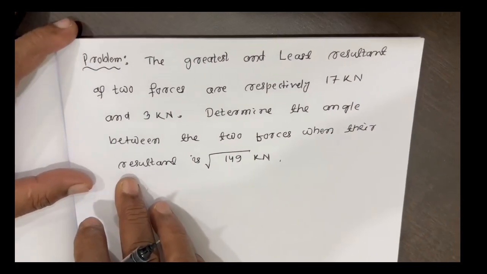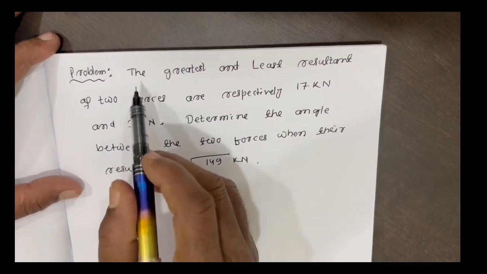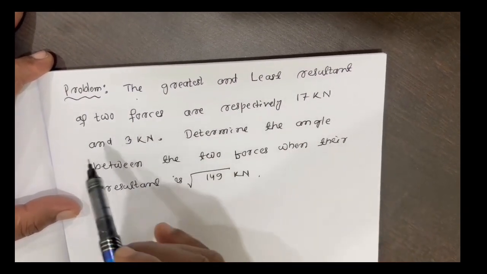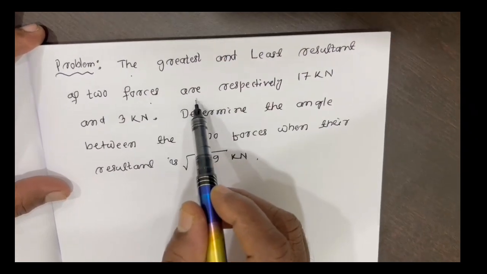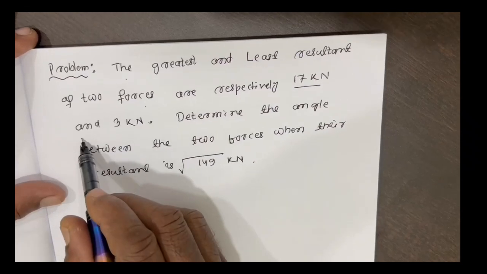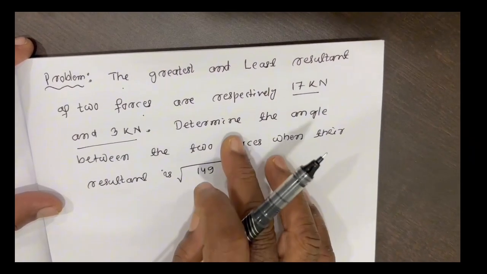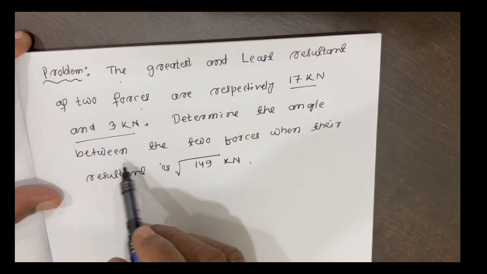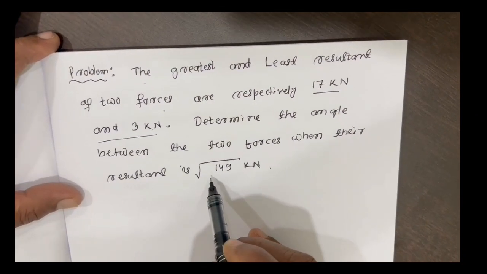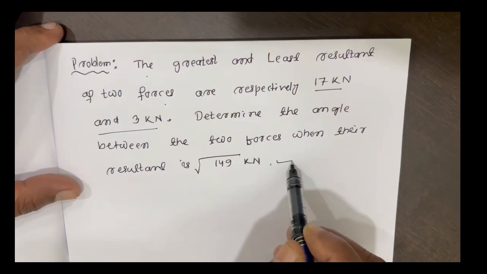Now I will solve another problem. Question is like that: the greatest and the least resultants of two forces are respectively 17 kilonewton and 3 kilonewton. Determine the angle between the two forces when the resultant is root over 149 kilonewton.